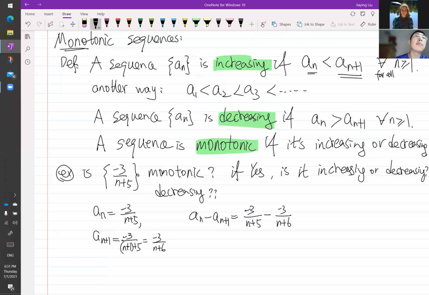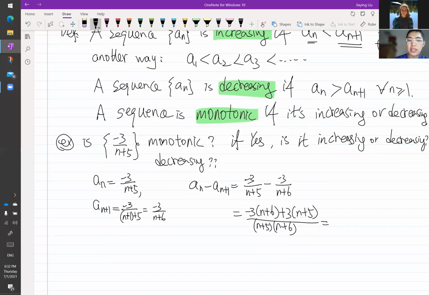And here I'm just going to use a common denominator. So I get negative 3 times n plus 6 minus negative 3, so that's a plus 3 times n plus 5, divided by n plus 5 times n plus 6. And expand the numerator. It's only the numerator part. The denominator, in this case, both are positive, so we don't have to worry about it.